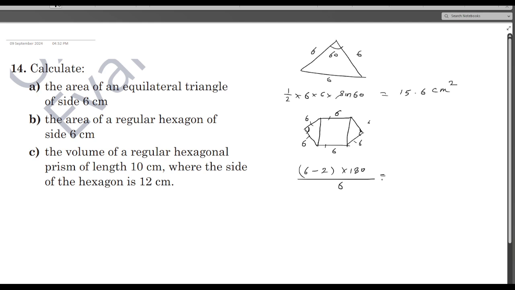So 4 times 180 divided by 6, that is 120 degree is your each internal angle. So this angle is 120. Now I can find out the area for this triangle 1, this triangle 2. Now for this 3, I need this opposite length.